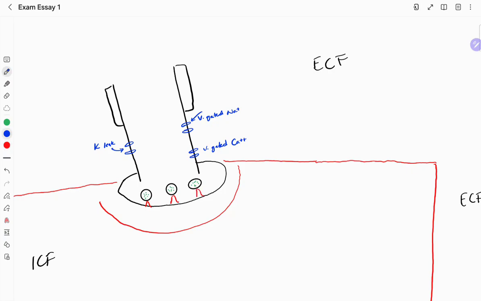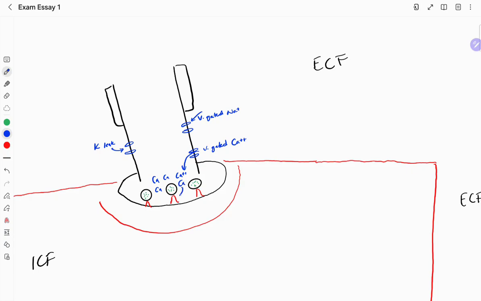And what happens is we have our action potential that's propagating down the neuron all the way down here to the terminal end. And that's going to cause our voltage gated calcium channel to open, which is really important because now we have all this calcium that's coming into the cell.